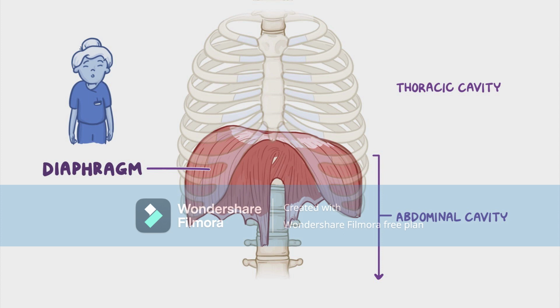The diaphragm is a double dome musculotendinous structure that separates the thoracic and the abdominal cavity. So this is a diaphragm. It's convex superiorly and concave inferiorly. So the convex part faces the thoracic cavity, while the concave part or inferior surface faces the abdominal cavity.